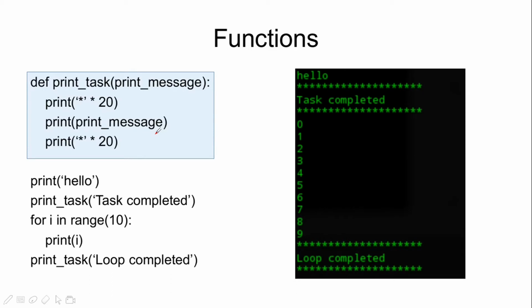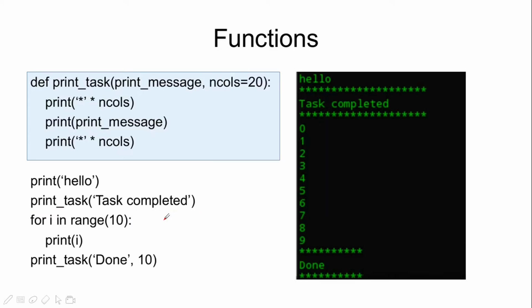We can also customize the message that we want to print. To do this, we have to define a parameter and pass this parameter to the print function. So, when I call print task with this message, this message will be printed. And when I call it with this message, this message will be printed.